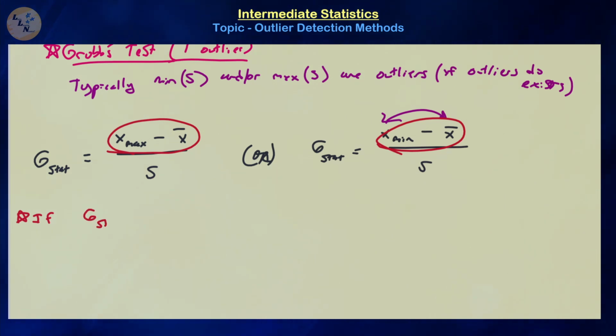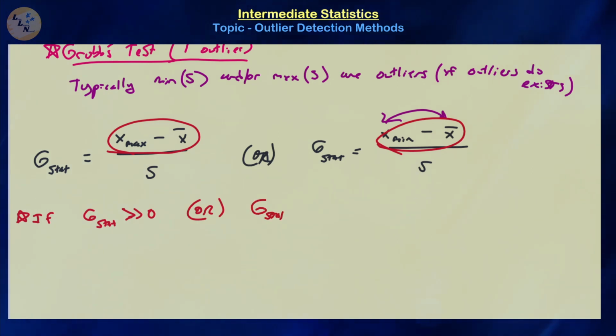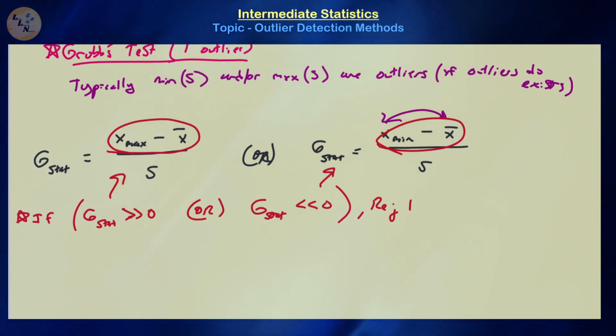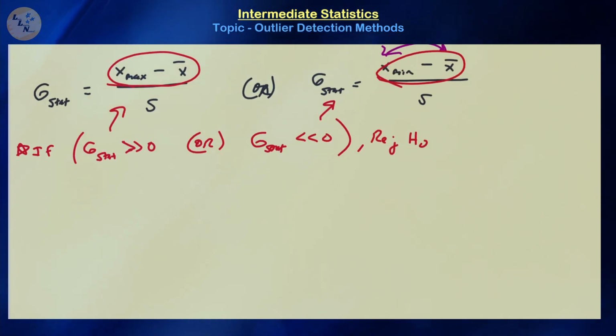If our G-stat is significantly positive, or our G-stat is significantly negative, either one is okay, but the positive one applies to this one and the negative applies to that one, then we're going to be rejecting the claim that the point is not an outlier. So we're going to be using the complement for the null hypothesis in this case.